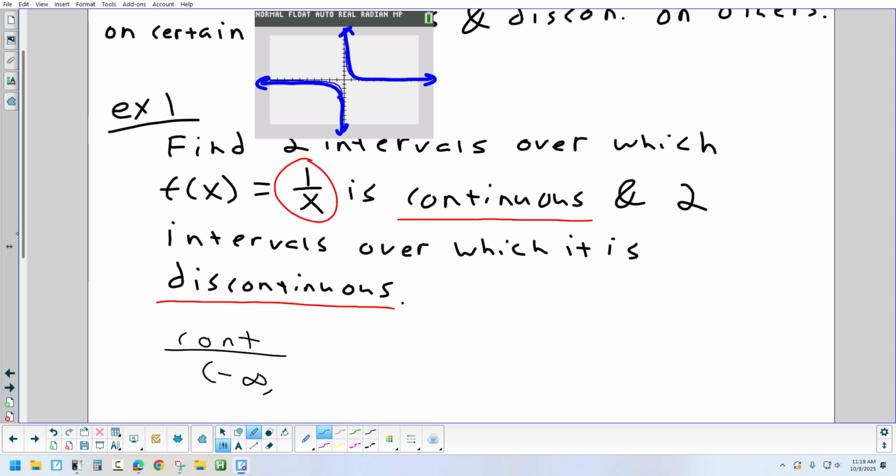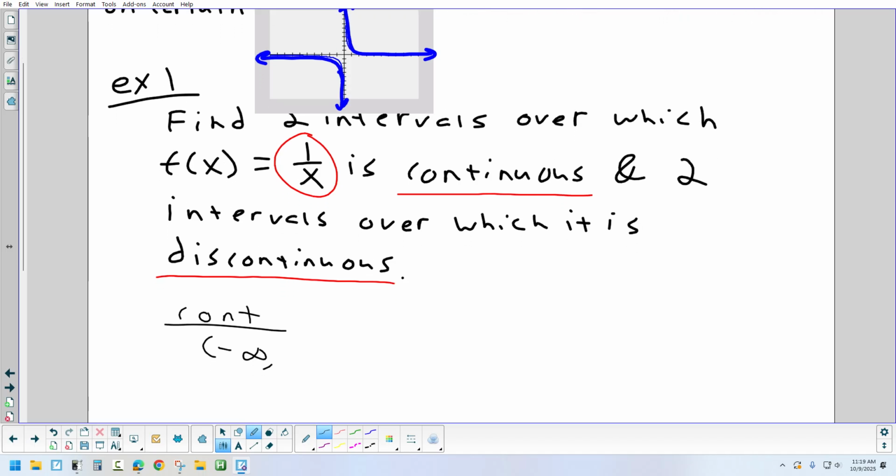Including or not including? Not including. Yeah, that would be continuous. If you had enough time, you could trace from negative infinity to 0 without ever lifting your pencil. That's an infinitely long continuous interval. It's the entire bottom piece.